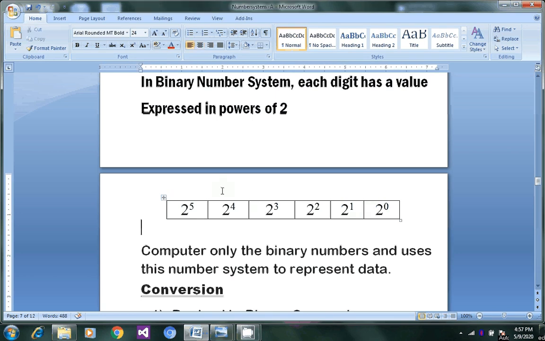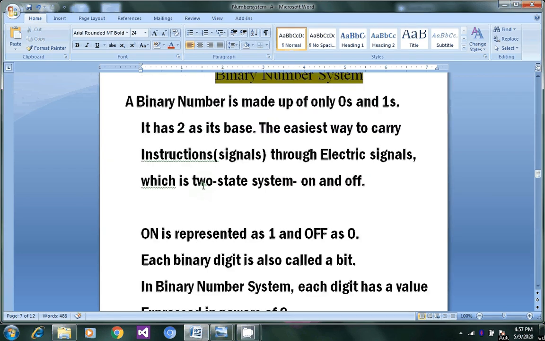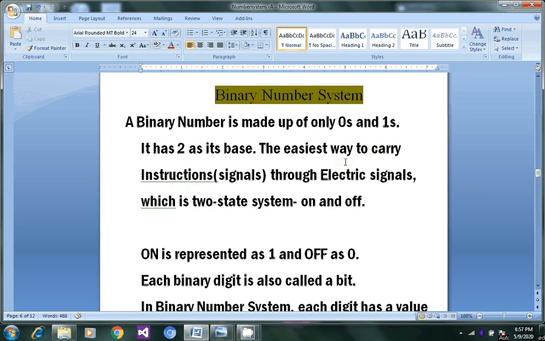It is very easy to design simple and accurate electronic circuits that operate on only two voltage levels. For this reason, the binary number system takes only two levels, that is on and off. For this reason, almost every digital system uses the binary number system as the basic number system for its operations.